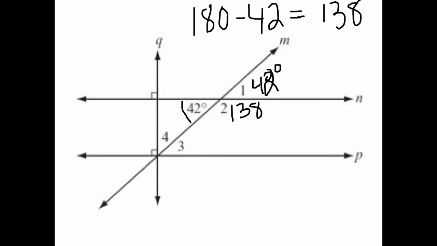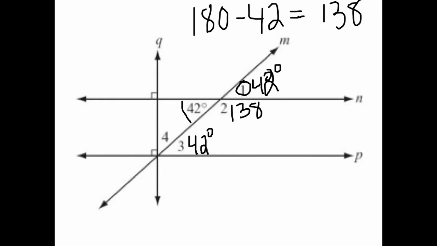So angle 2 is going to be 138 degrees. Now, I'm going to move on to angle 3. What I know about angle 3 is that it corresponds with angle 1. And if they correspond, the angles are congruent. So if angle 1 is 42 degrees, angle 3 will be 42 degrees.